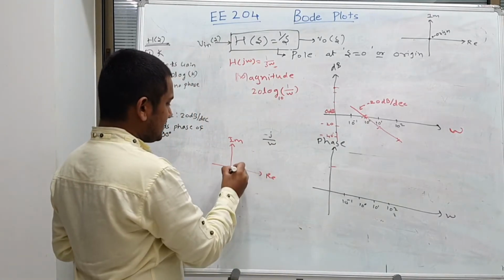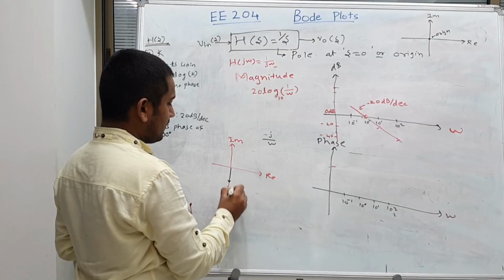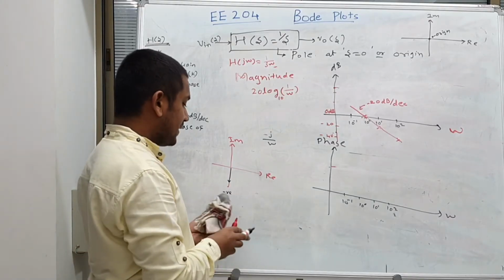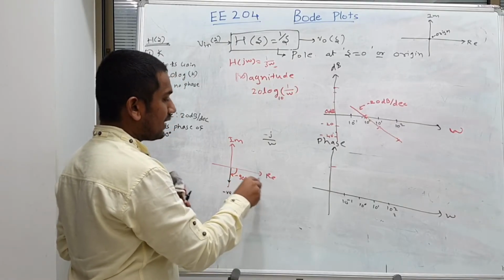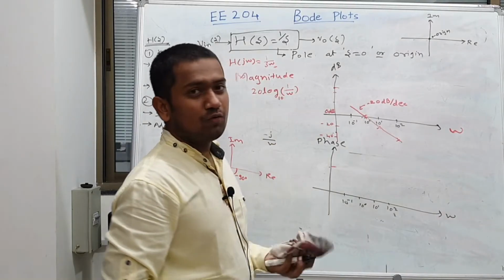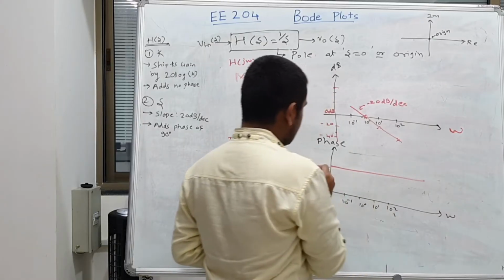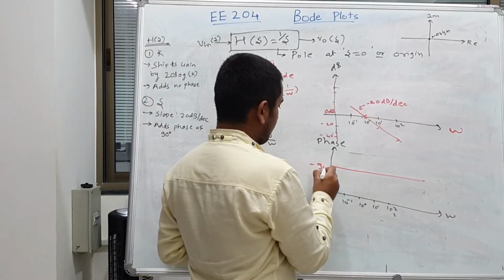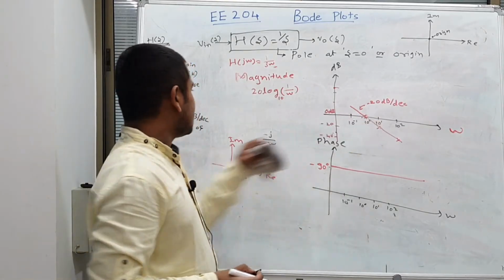It means that this is lying on the negative imaginary axis, which is making a minus 90 degree angle with the real axis, irrespective of the magnitude of omega. That's why this adds a phase of minus 90 degrees.